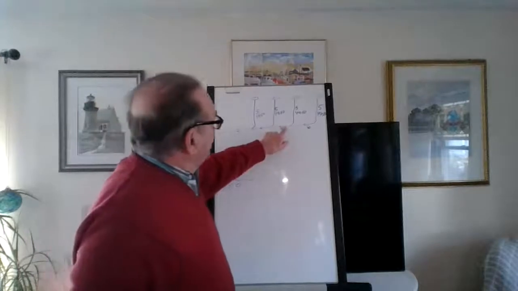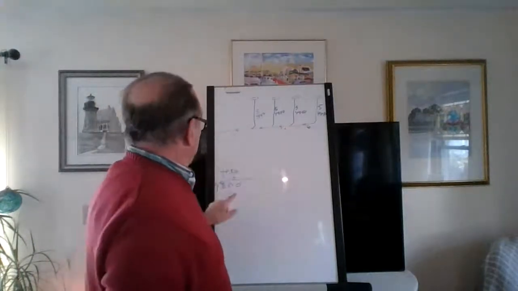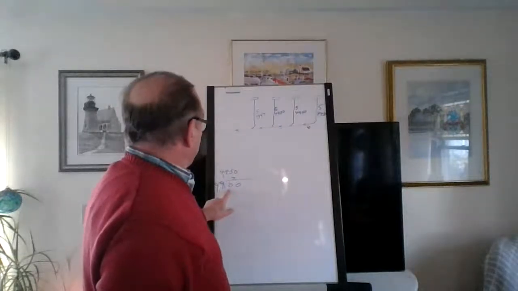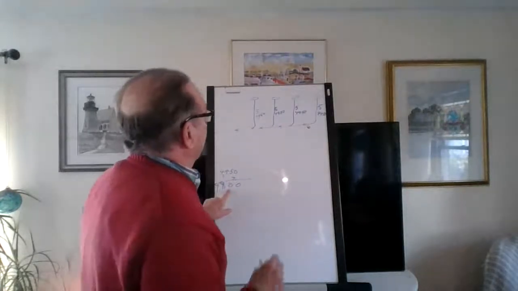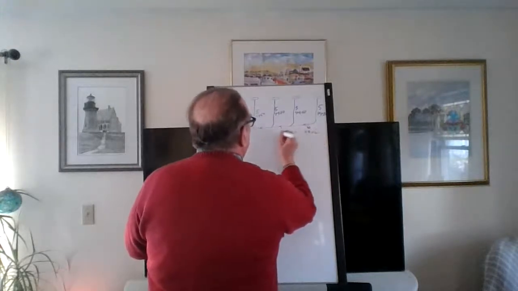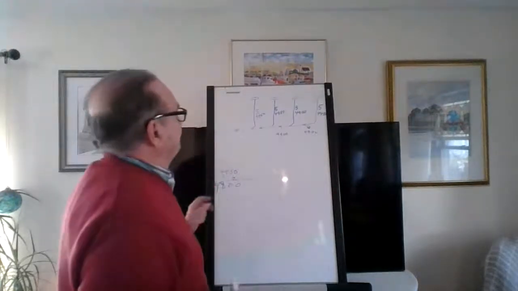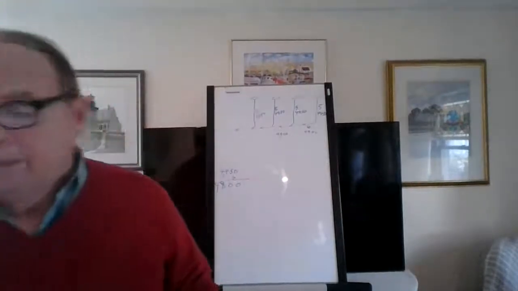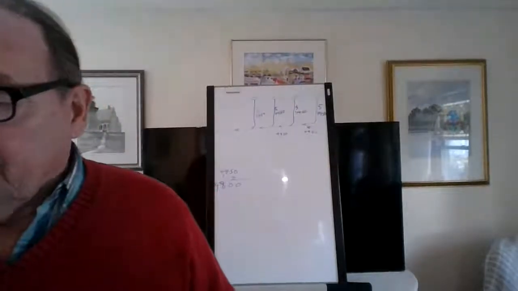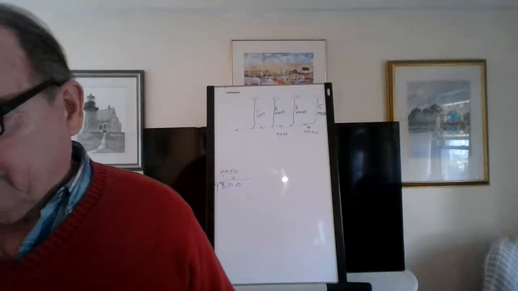So this pipe right here has to handle these two, which is 9900. Okay, so this one is 4950. This one is 9900. Okay, well, let's look at the chart. Chart says 1/4 inch pitch, 9900, looks like 8 inch pipe.